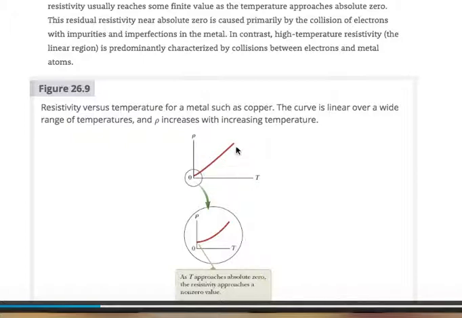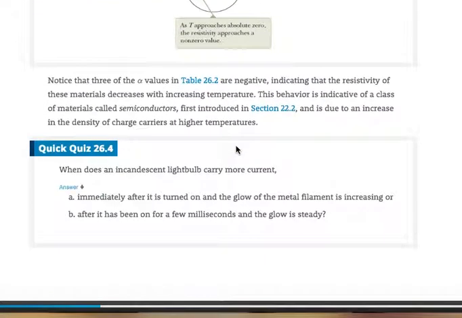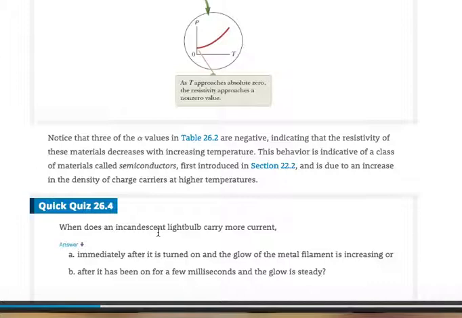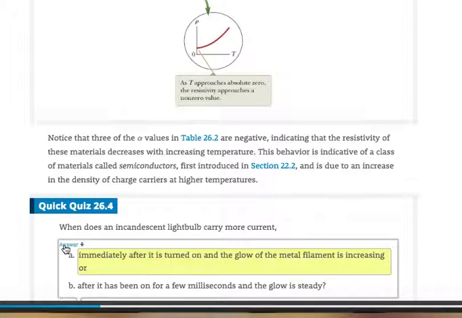Oh, I'm sorry, resistivity tends to go up as temperature goes up, so you get more resistance. So if resistivity goes up as temperature goes up, then when does an incandescent light bulb carry more current? It would carry more current when there is less resistance, and there would be less resistance when the temperature is lower, which would be right after you turn it on.